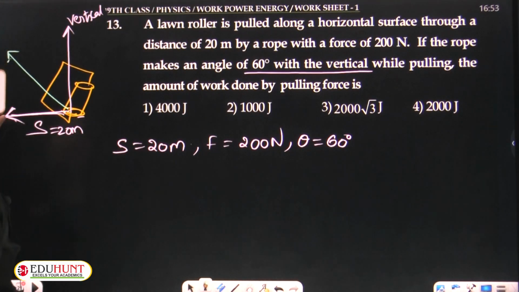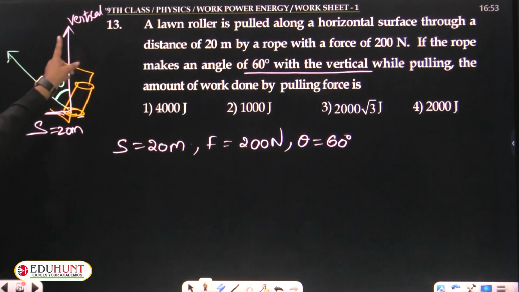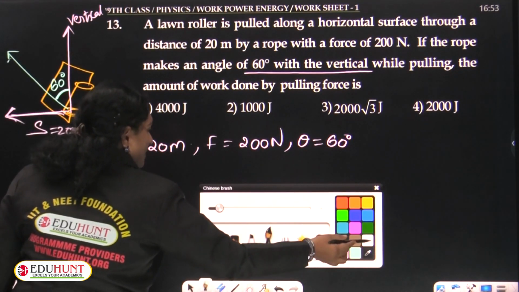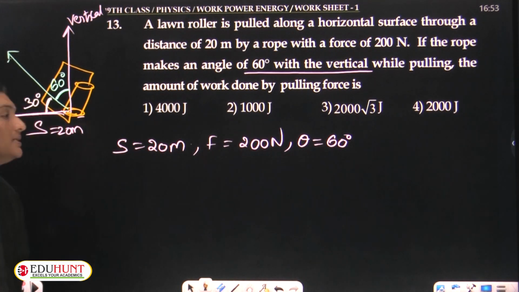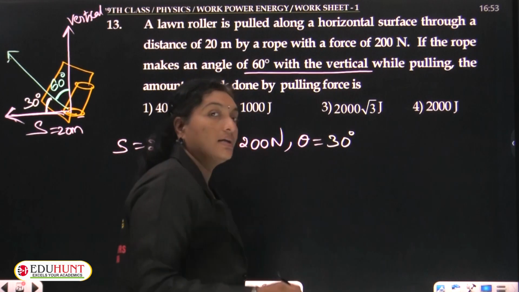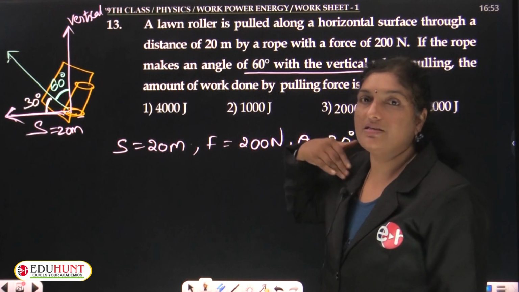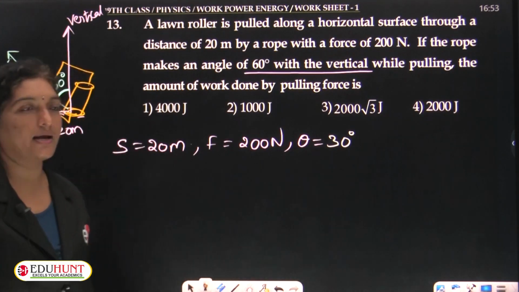So the rope makes 60 degrees with the vertical, not the horizontal. If it is 60 degrees with the vertical, then the angle with the horizontal must be 90 minus 60, that is 30 degrees. Don't get confused, children. With the vertical they gave 60 degrees, but we always measure the angle with respect to the horizontal. If vertical is 60, horizontal should be 30 degrees, 90 minus 60.